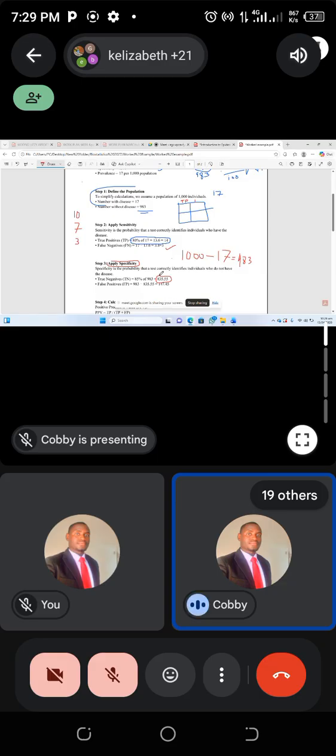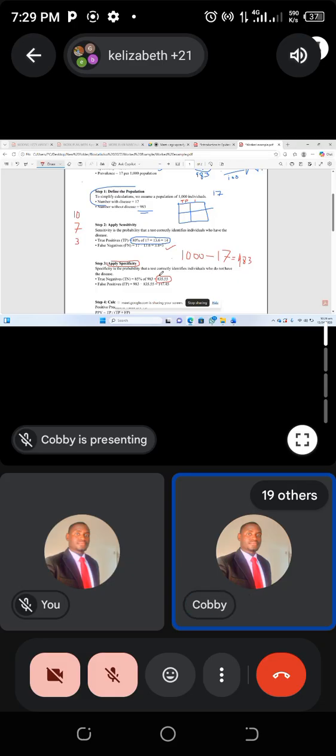The remaining are going to test positive when they actually do not have the disease. How many of them are going to test positive? So subtract 983 minus 836.